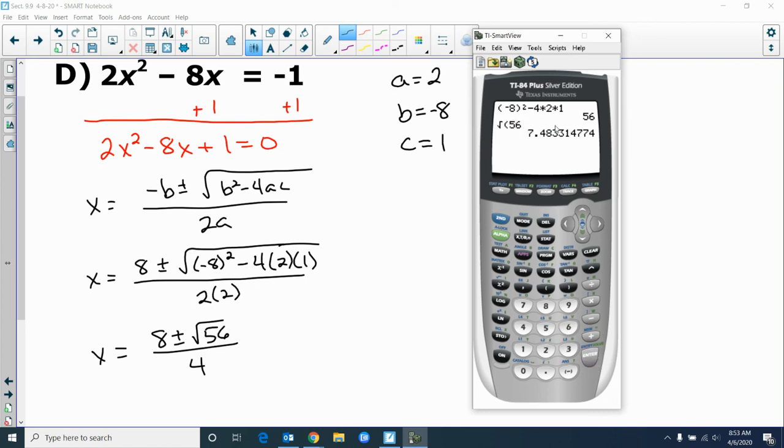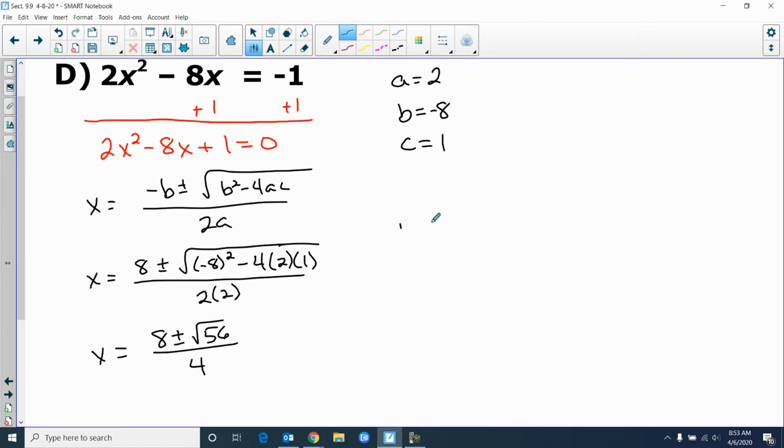It is not a whole number. So that means I'm going to have a radical answer, and that means I'm going to have a decimal answer. The radical answer is whatever you have at this point. It would be x equals plus or minus the square root of 56 over 4. That's your radical answer.